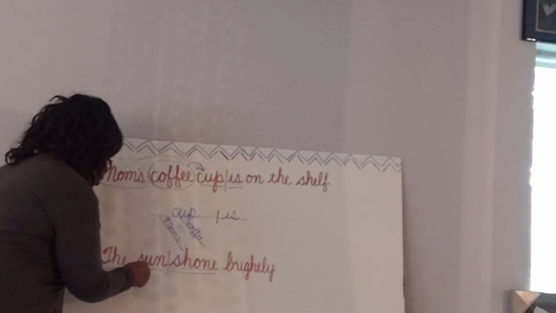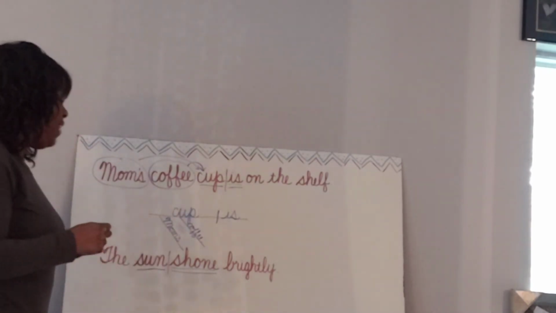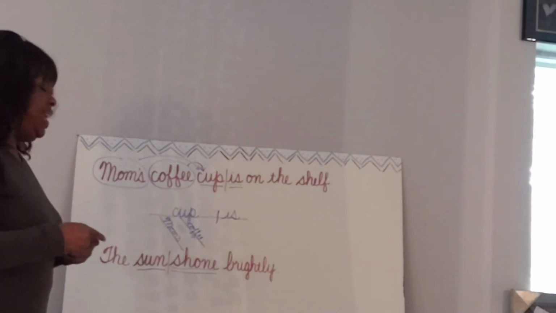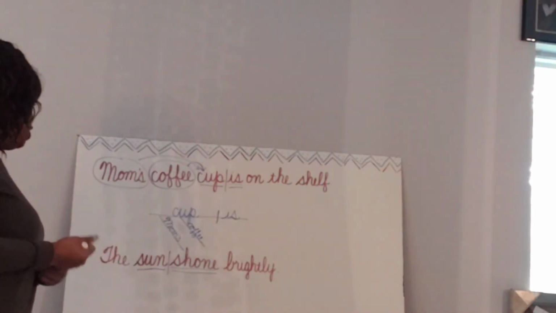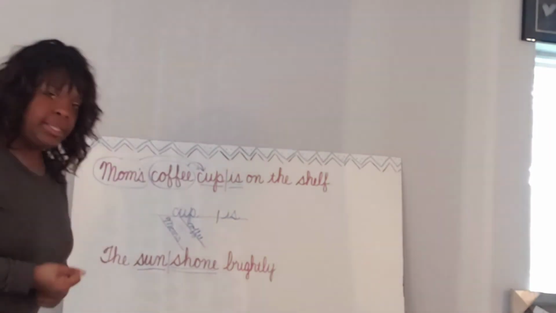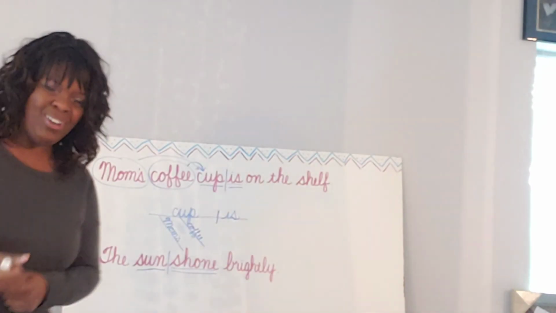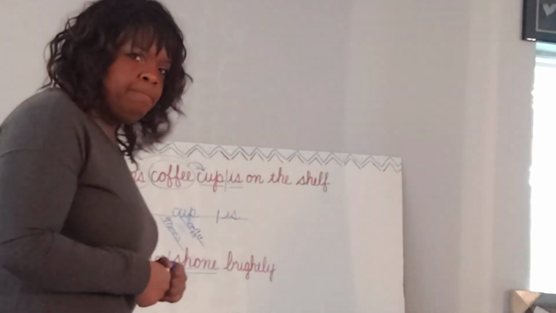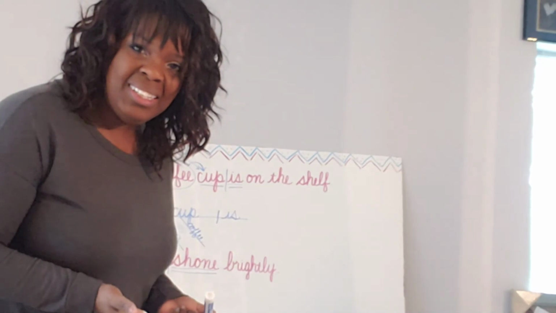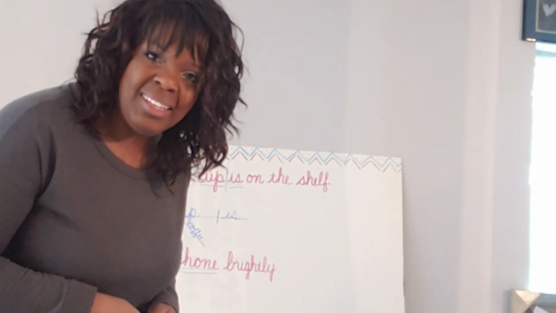Sun shone. And then we have to see, are there any adjectives? Oh, looks like there aren't any adjectives described. What? Wait, what? I can't hear you. No, it's just the sun shone brightly. There's no adjectives in that one. So we're... What? What are you saying?